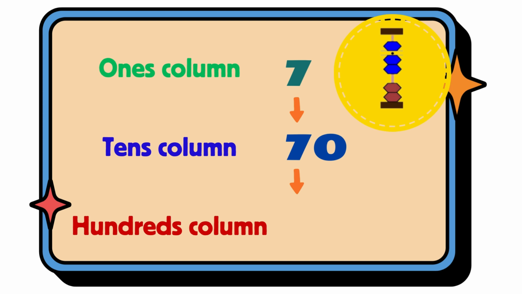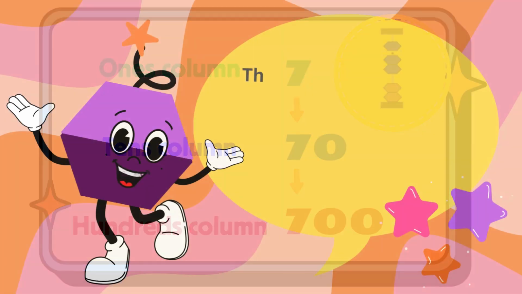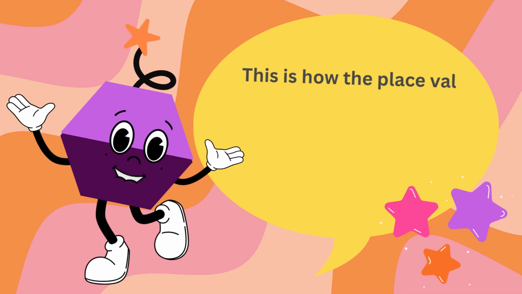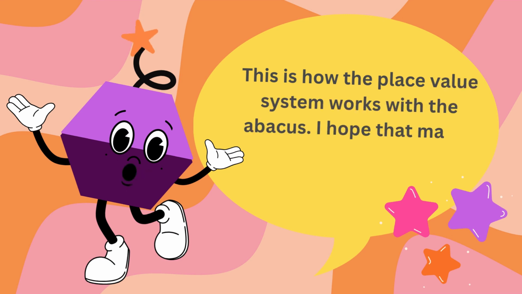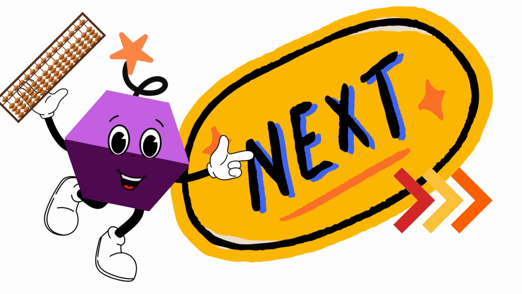Similarly, we add the same number of beads in the hundreds column, which becomes 700. This pattern continues as you move to the next higher digit column. This is how the place value system works with the abacus. I hope that makes sense to you. Next, let's explore each column together and learn about them.